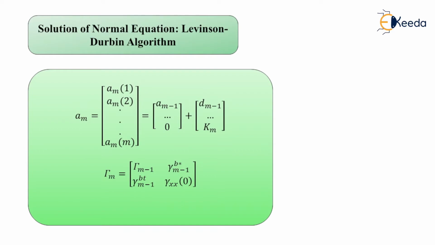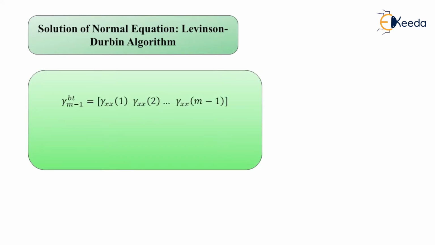The second row is gamma suffix m minus 1 to the power bt, and the last element small gamma suffix xx of 0. For this representation, gamma suffix m minus 1 to the power bt is equal to the vector gamma suffix xx of m minus 1, gamma suffix xx of m minus 2, and in this way gamma suffix xx of 1.